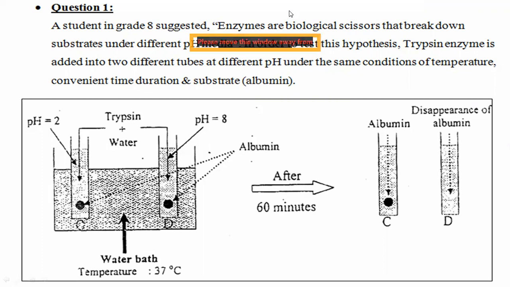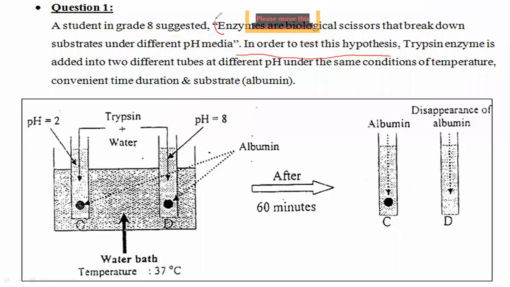This is the hypothesis, mentioned in the text: enzymes are biological scissors that break down food and substrate under different pH media. In order to verify this hypothesis, so here it's already mentioned in the text. Which hypothesis is the sentence before this? Yeah, this one, enzymes till pH media.